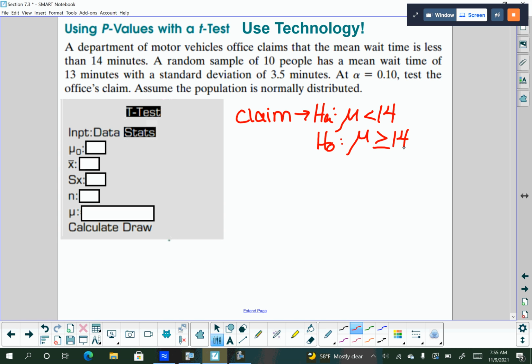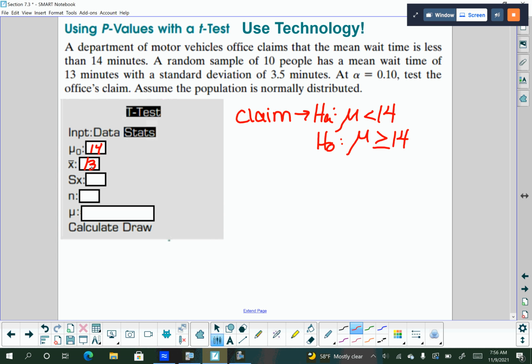Okay, so now looking at the data that we're going to fill in, and we'll type it in our calculator in a second. I'm just going to fill in these boxes here first. So the mean null there, or the mean that's being tested here, is 14. So that's going to go in the first box. You need the mean of your sample set, which was 13, the mean wait time of the sample.